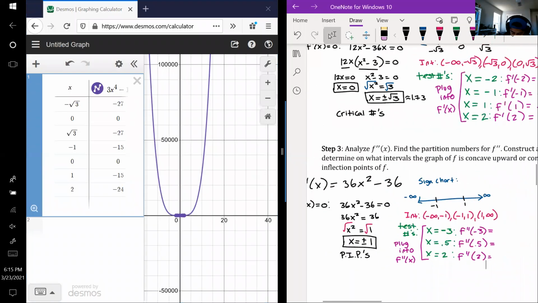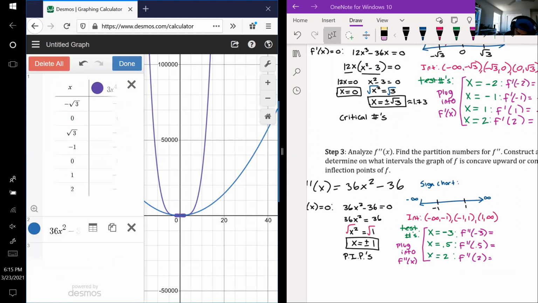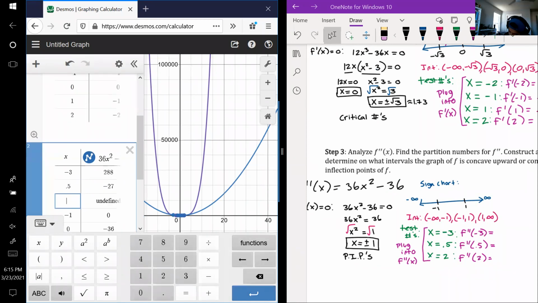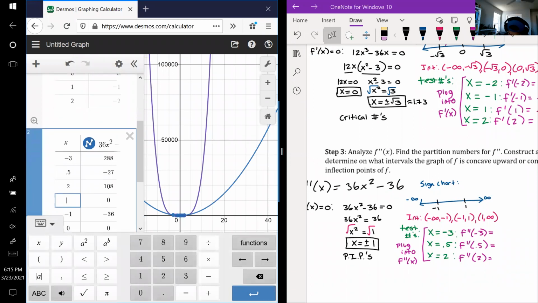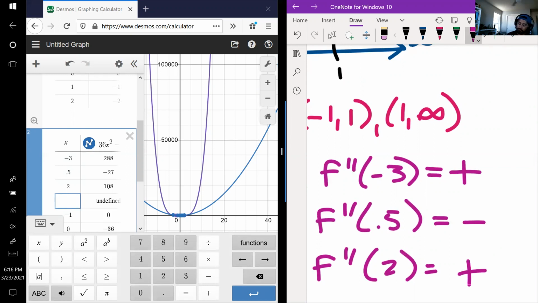Give me that second derivative, 36x squared minus 36, to my table, and we're typing in -3, 0.5, and 2. Again, we don't care about the number, we only care about the sign. So we are positive, negative, positive.